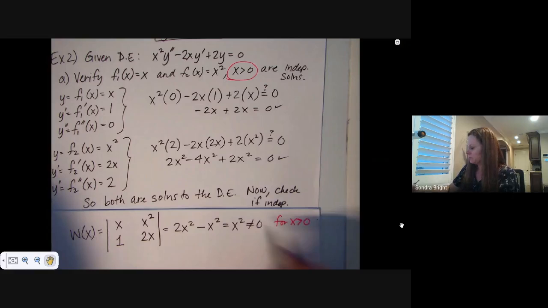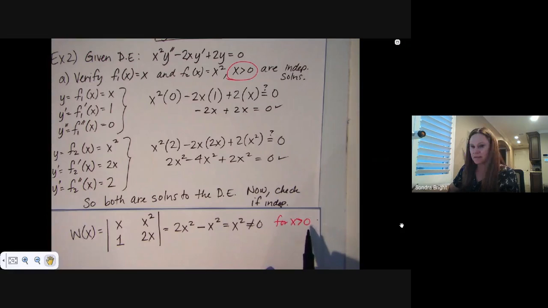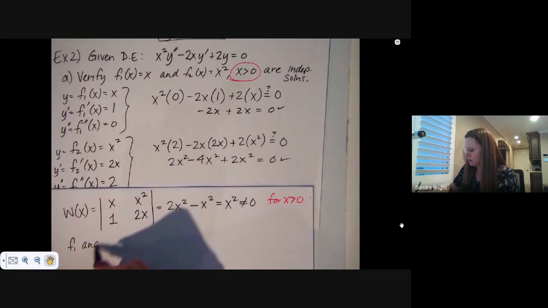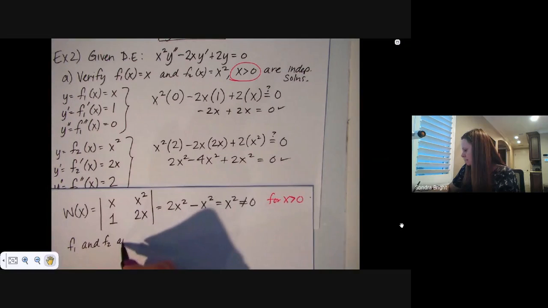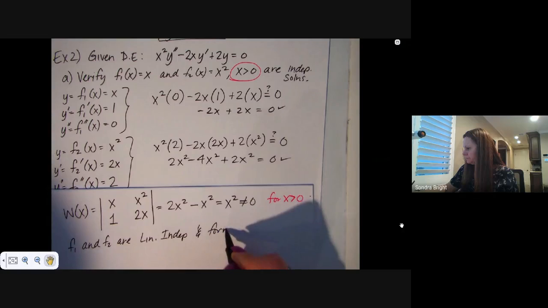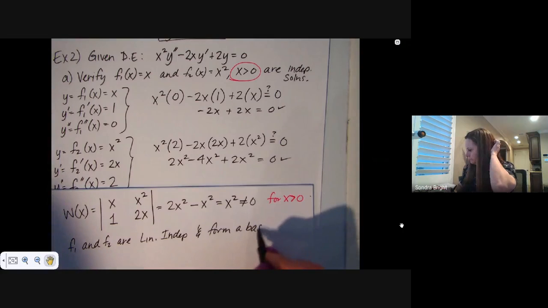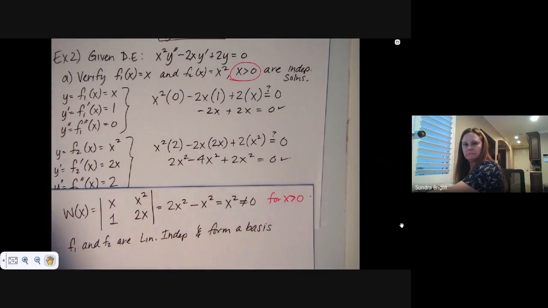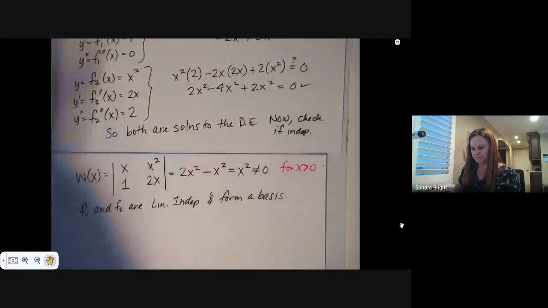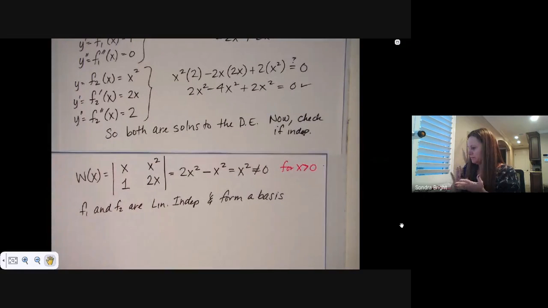And so, since the Wronskian is not 0, then we know that f1 and f2 are linearly independent and they form a basis. All right. So, we verified they're independent solutions.